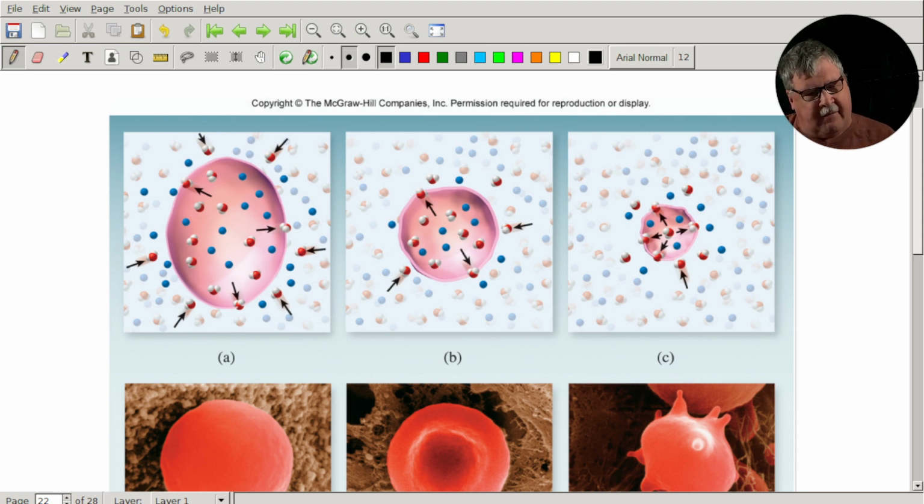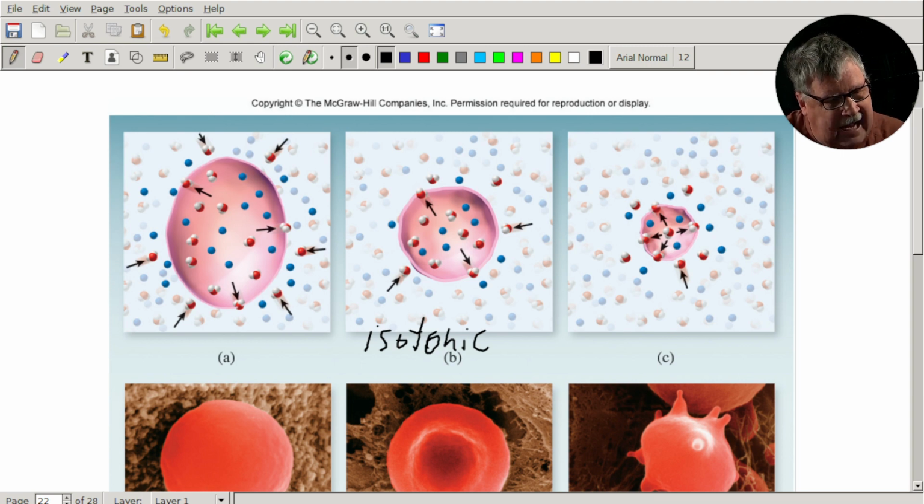Okay? That's what's being illustrated here. If I inject an IV solution that is isotonic, that means whatever concentration is outside the blood cell is going to remain the same as what's inside the cell membrane of a red blood cell.